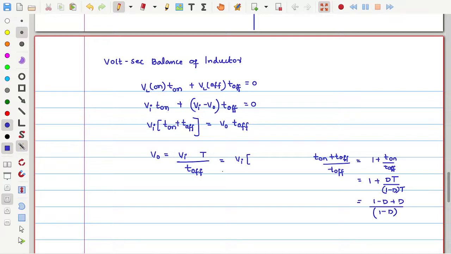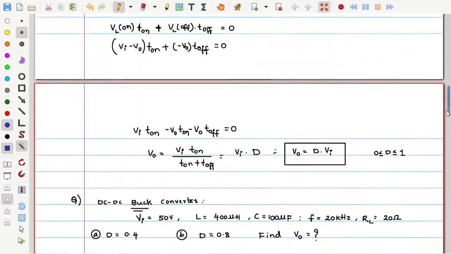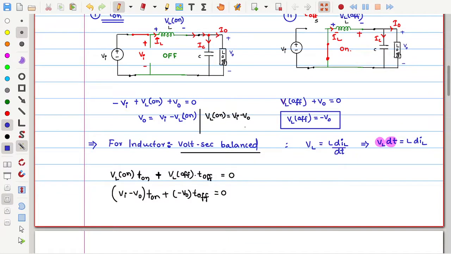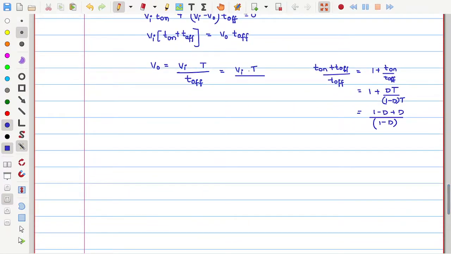So we can even write it directly like this: capital T divided by T off, which we already derived, where I had written T off as 1 minus D into T. So that is equal to 1 by 1 minus D into Vi.